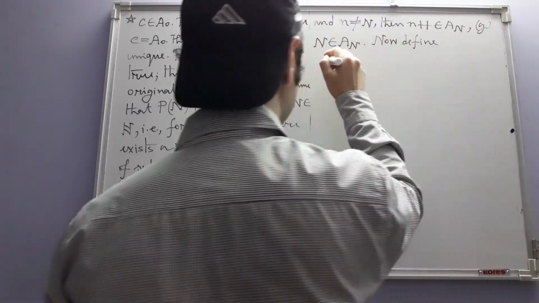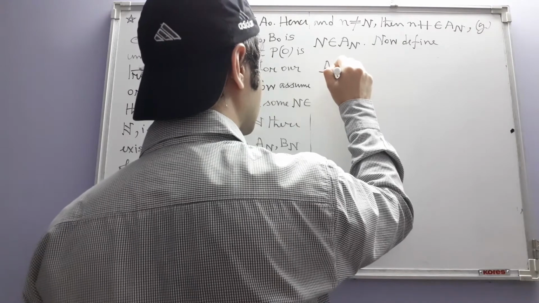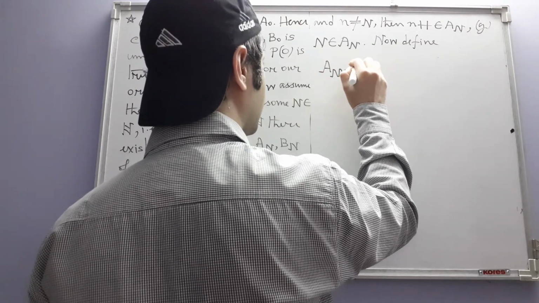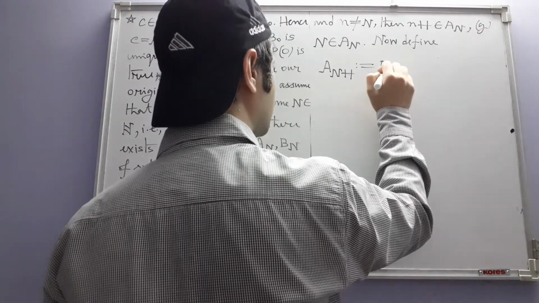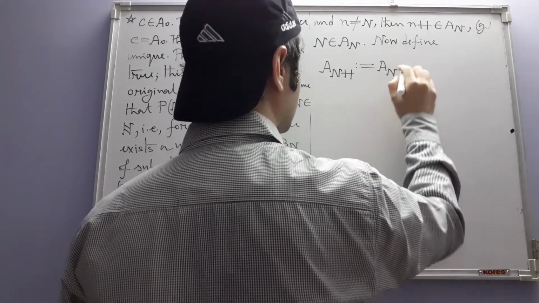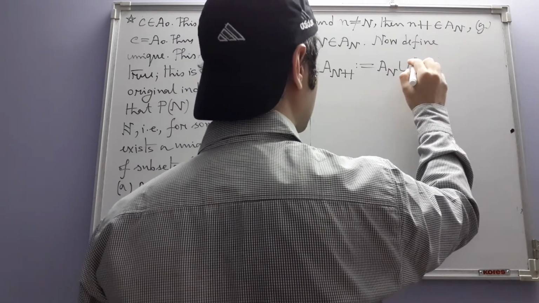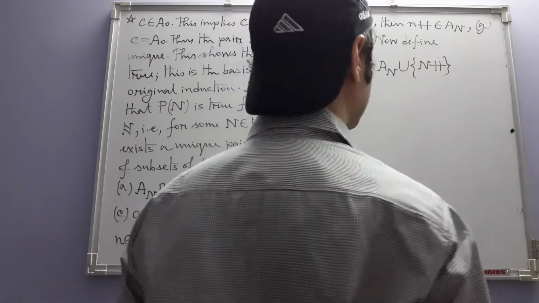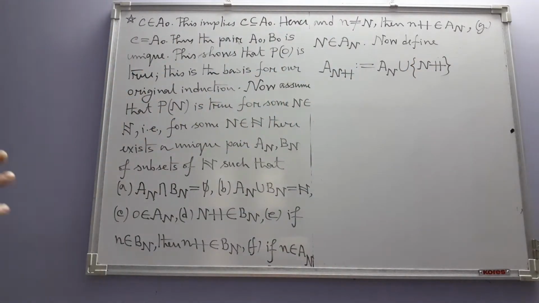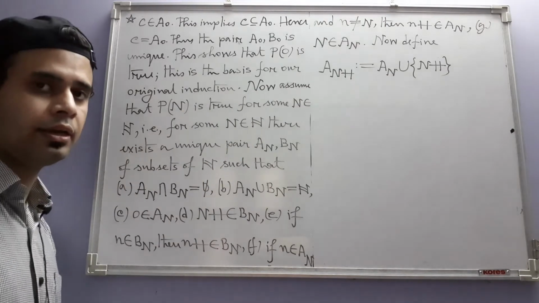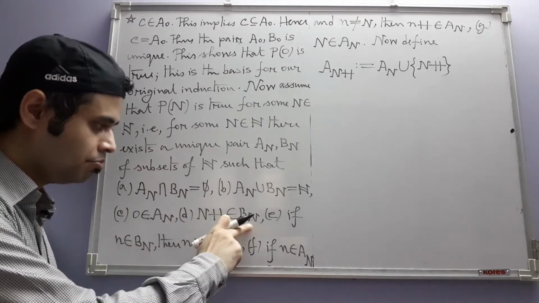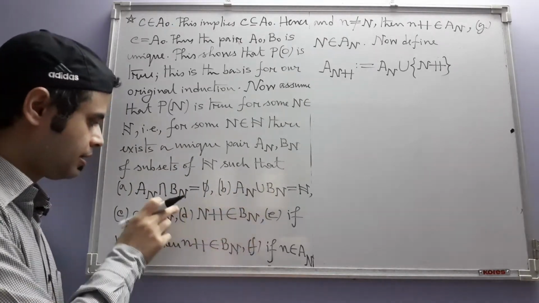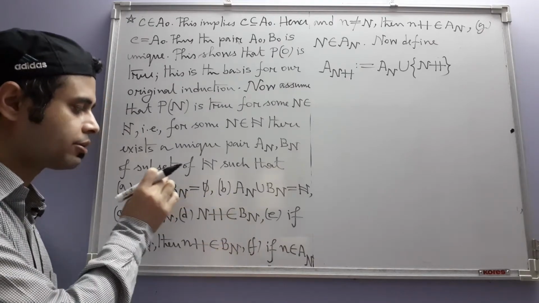So what we do is this: we will define An plus plus from An by uniting with it, or adjoining with An, the successor of n, which if you remember is not there in An, it is in Bn, and An and Bn are disjoint, so this is originally not there in An.